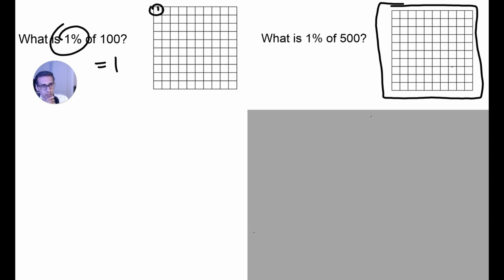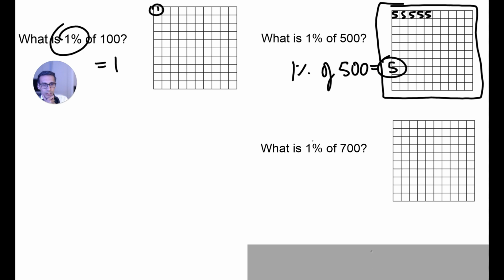Then 500 divided into 100 equal parts means that one part is worth 5. So we can label each of these as 5. And as we do that, we see we're going to end up with a total of 500. So I'm not going to label every single box here, but we can see 1% of 500 is equal to 5.